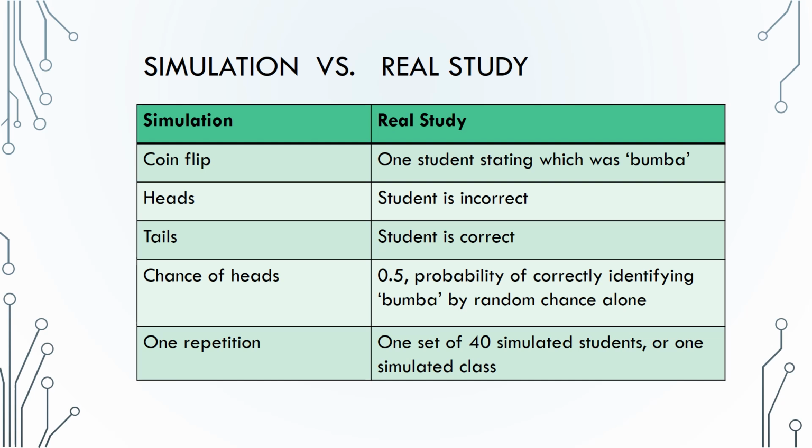This represented the probability of correctly identifying Bumba by chance alone. And one repetition in this study would be one set of, say, 40 simulated students, or one simulated class. Your class may have had fewer or more than 40 students in it, but for this example, let's pretend that our class had 40 students.